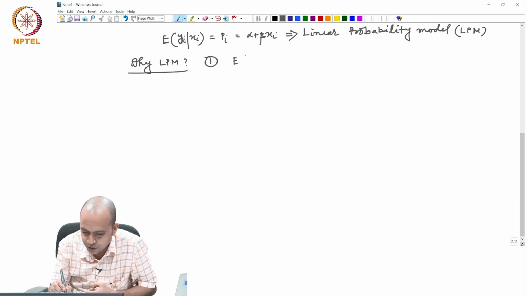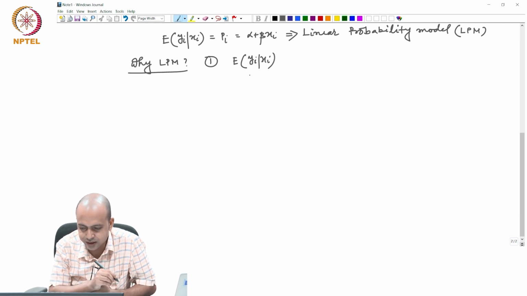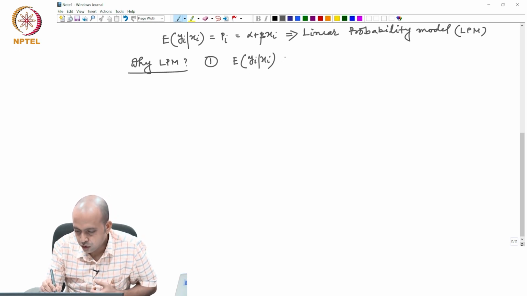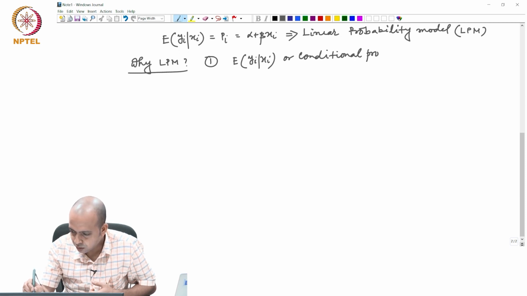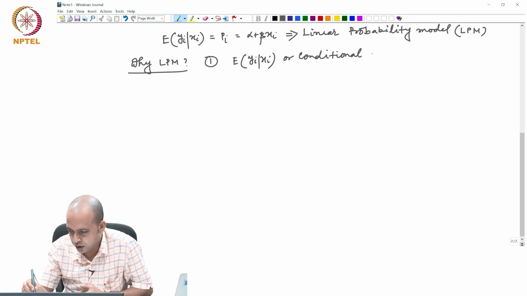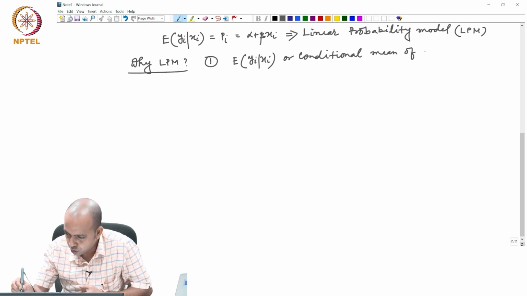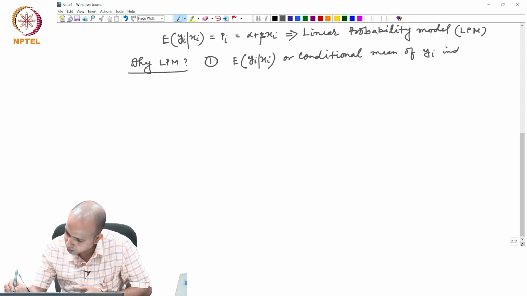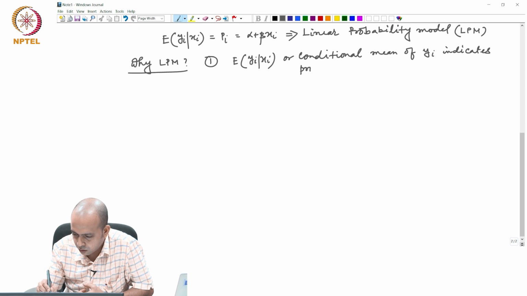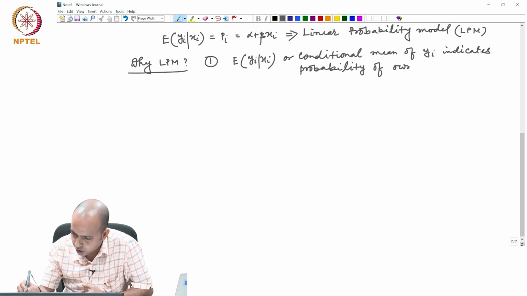unlike other cases, here the expectation of yi given xi denotes the conditional probability, sorry, the conditional mean of yi basically indicates the probability of owning a car.